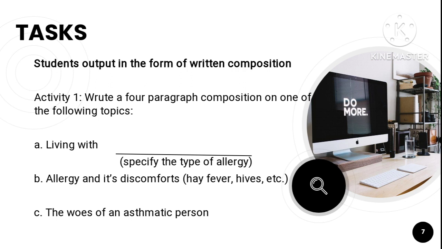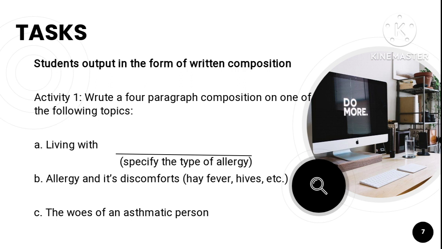In the input, we have the 2 types of allergy that I discussed a while ago. We have the delayed hypersensitivity and the immediate hypersensitivity. So if you choose letter A as the topic of your composition, you need to consider the types of allergies.